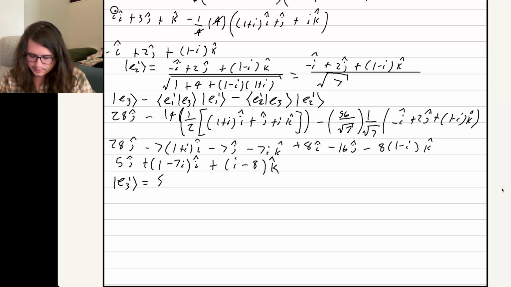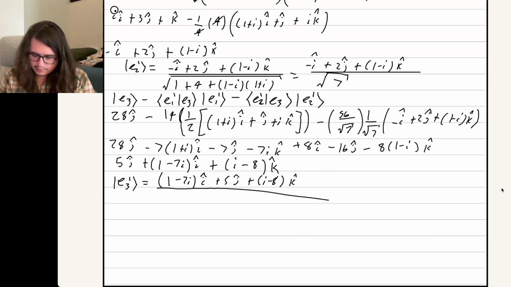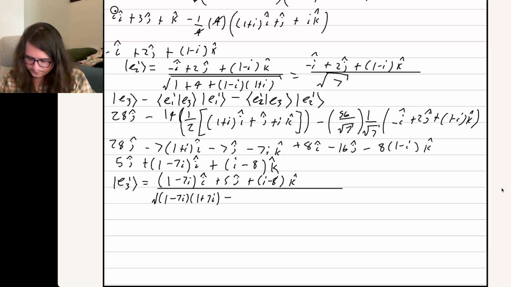So we take E3, which is now looking like 1 minus 7i i hat plus 5j hat plus i minus 8 k hat, and we divide it by the square root of the inner product, which looks like 1 minus 7i times 1 plus 7i plus 25 plus i minus 8 times i plus 8.